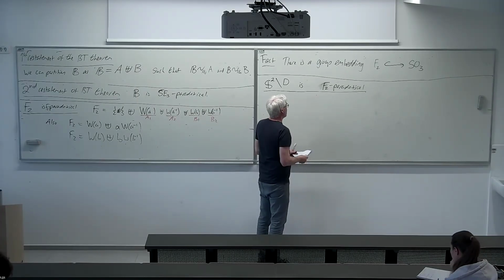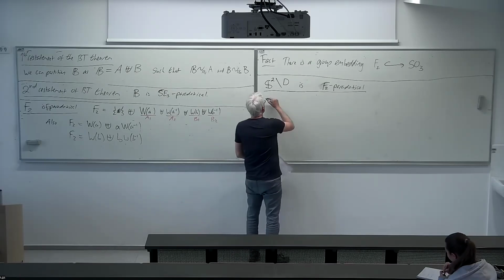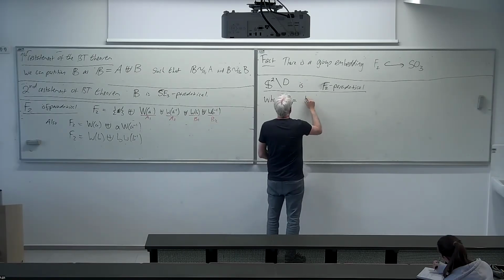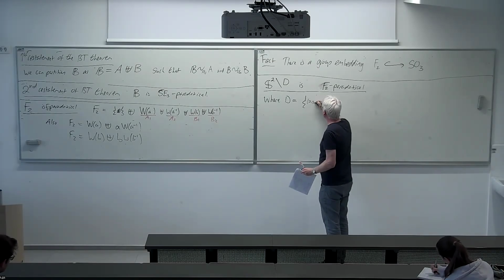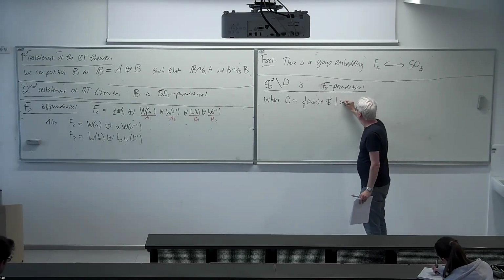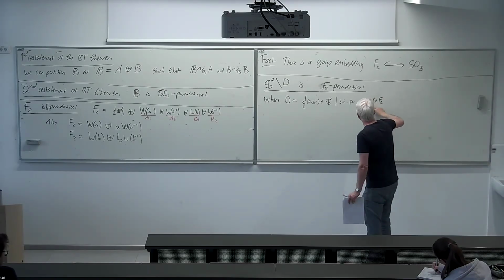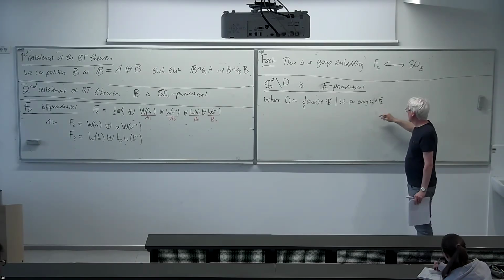So we're going to prove that this is F2 paradoxical, where D is the set of points X, Y, Z on the sphere, such that for every group element in F2, let's call them W because they were the non-reduced words, but we're viewing them as rotations now.